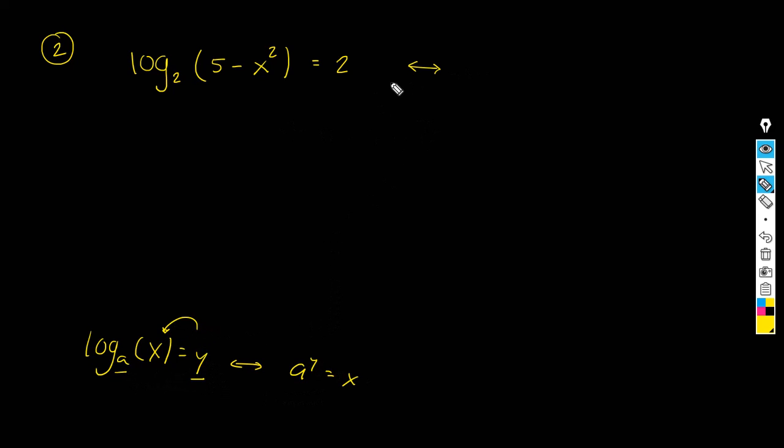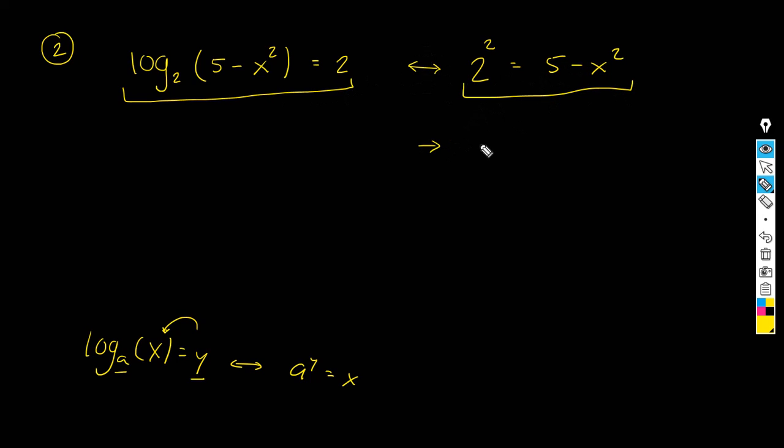So I'm gonna apply that stuff right here. If log base 2 of this number is equal to 2, that's because 2 to the 2 is equal to this number, right? And so this equation is completely equivalent to this equation. And this equation is extremely simple to solve. 2 to the 2 is 4.